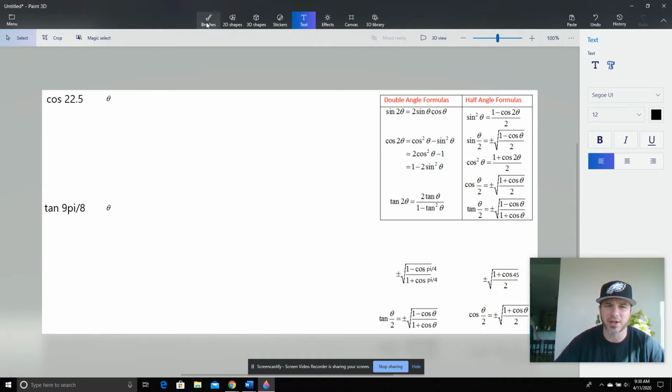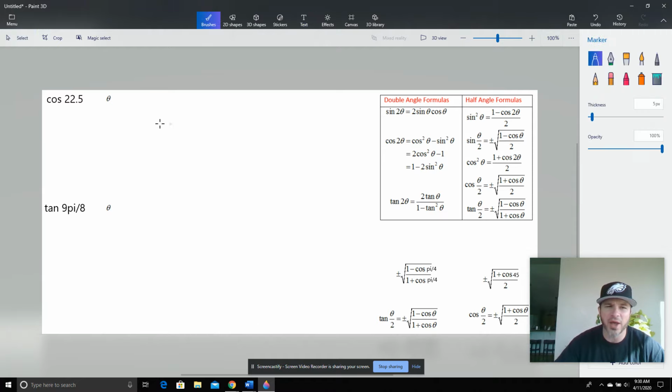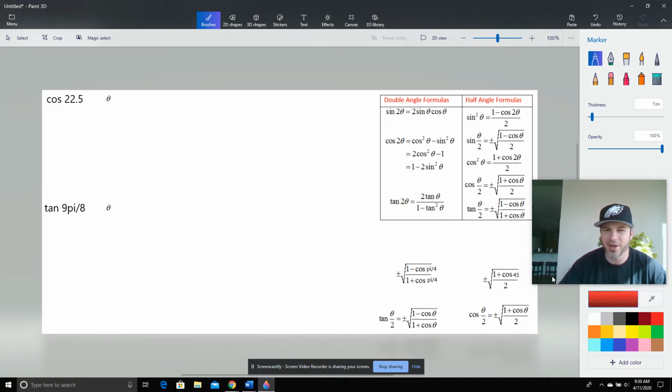The first part here is we are always trying to answer this question of what is theta? The problem is we got this angle that just doesn't look good. 22.5 is not an angle we can evaluate. So what we want to do is think of a theta that we could. We could add or subtract two numbers that we like, 45 and 30, to get to this.